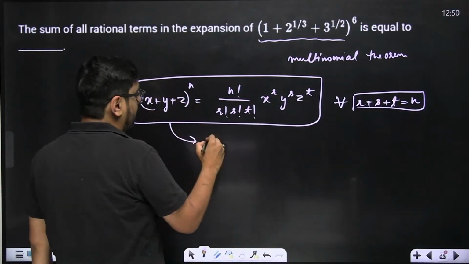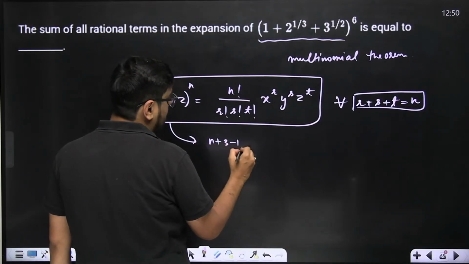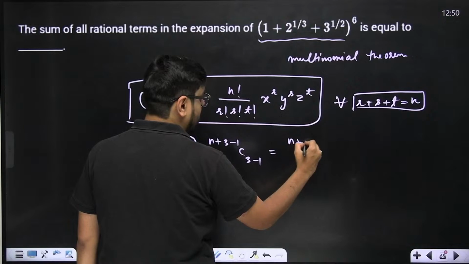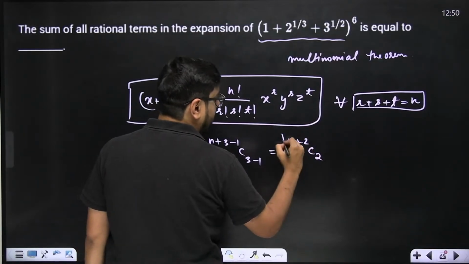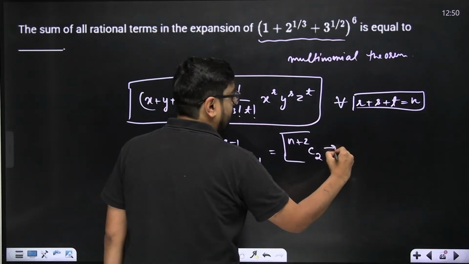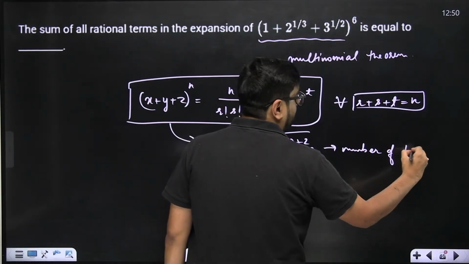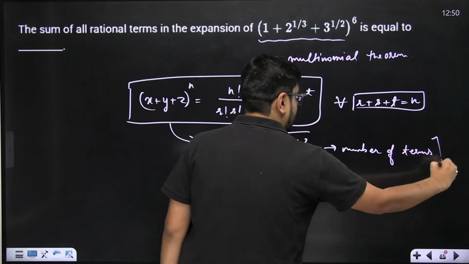So here (n + 3 - 1)C(3 - 1) will come. That means (n + 2)C2 will be the number of terms in a multinomial expansion.